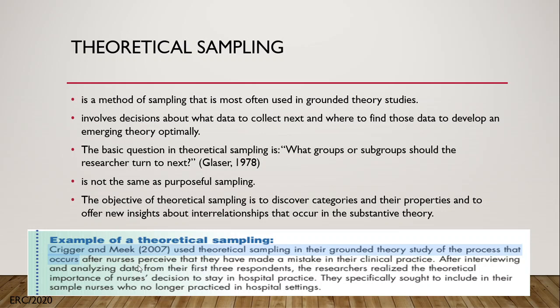Okay, the basic question on theoretical sampling is what group or subgroup should the researcher turn to next? Groups are chosen as they are needed for their relevance in furthering the emerging conceptualizations. These groups are not chosen before the research begins, but only as they are needed for their theoretical relevance in developing further emerging categories.